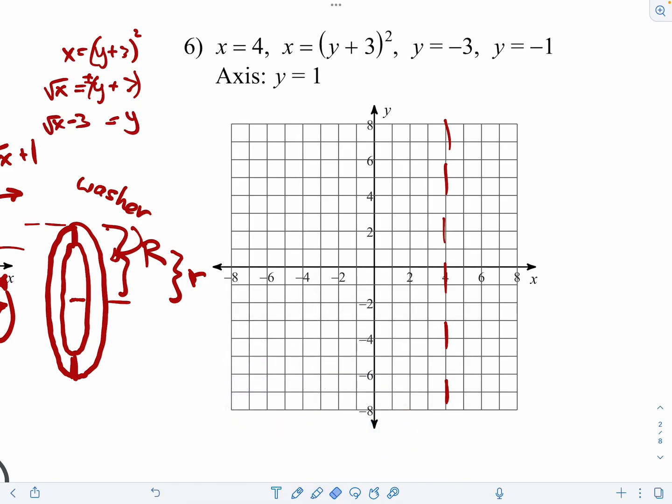The square root of x could be y plus 3, or the square root of x could have been negative y minus 3. Let's go with the first option. That means y equals radical x minus 3.